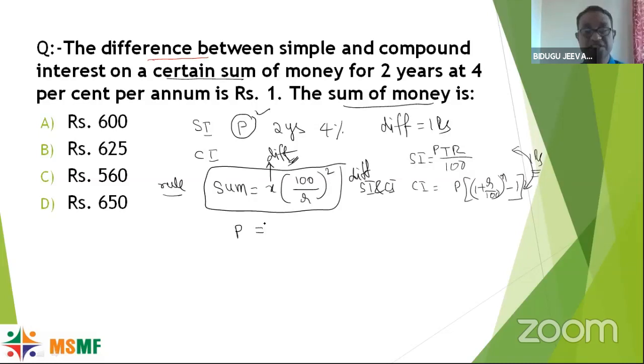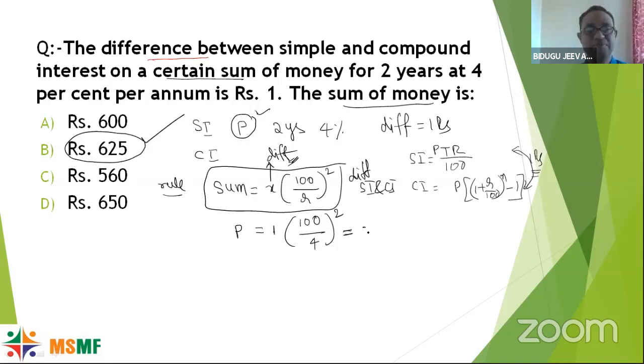The difference is 1 rupee, and 100 by the rate of interest, 4, whole square. I hope you understood clearly. What is the answer? Can you please tell me? Yes, the answer is the second option, B.